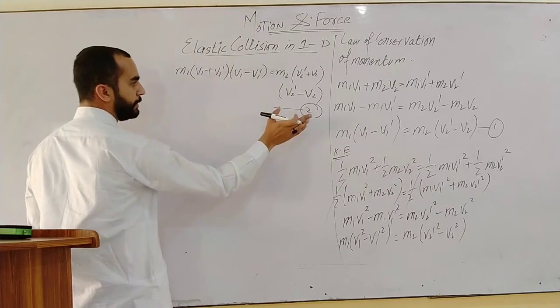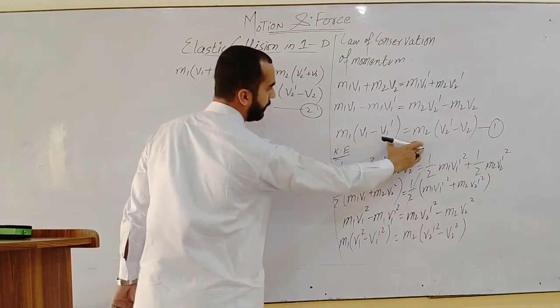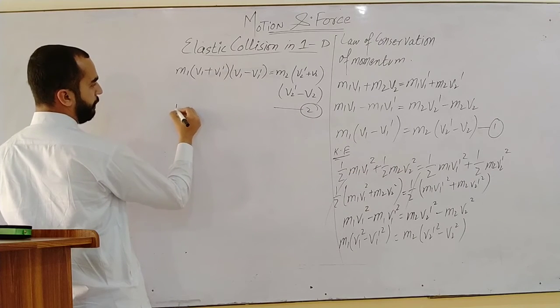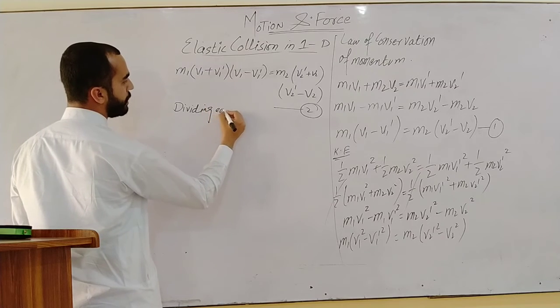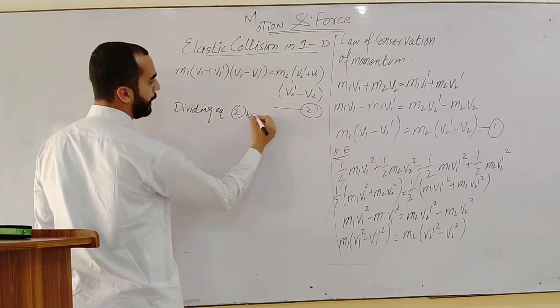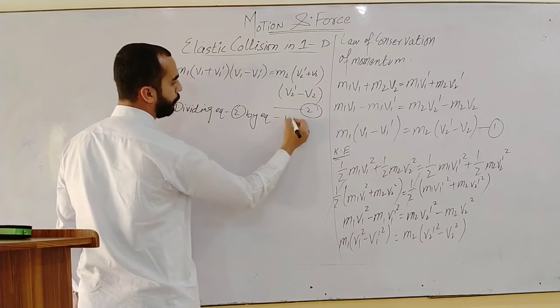We have the second equation here and the first equation here. Now dividing equation 2 by equation 1.